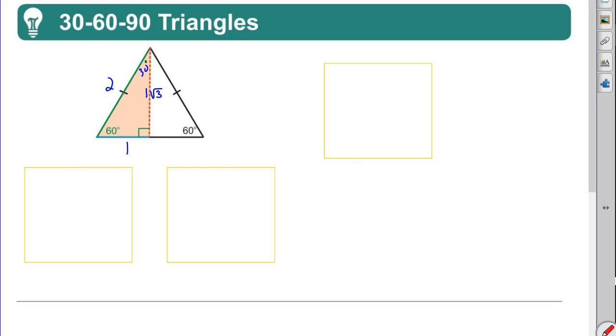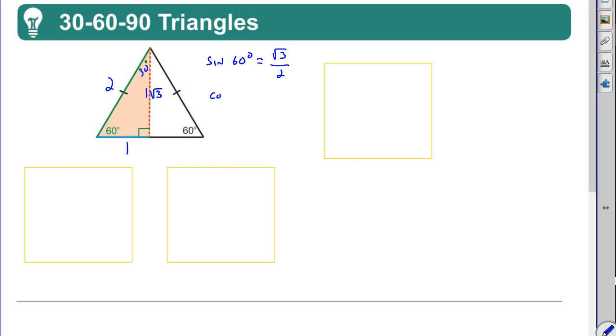All right, also, because we have the pattern, we can get the exact values for all the trig functions, all of them for 30 and 60 degree angles. So let me just do a couple for you. The sine of 60 degrees. That's going to be the opposite of 60, which is square root of 3, divided by the hypotenuse of 2. There's your exact value for the sine of 60, square root of 3 over 2.